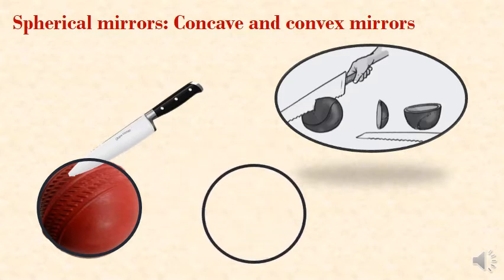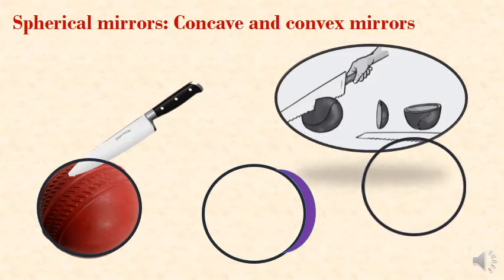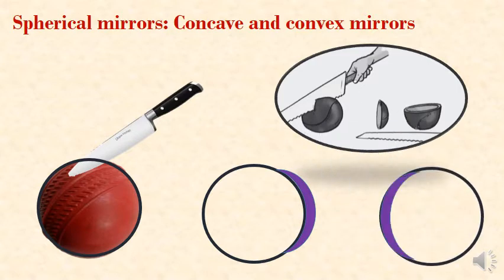So in this circle the outer surface, if we look, that is called convex, and if we look from inside the curve, that is called concave.